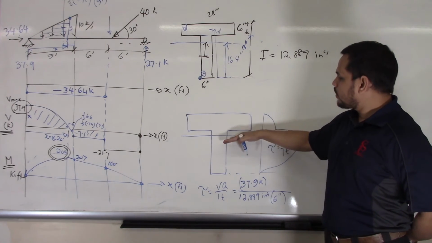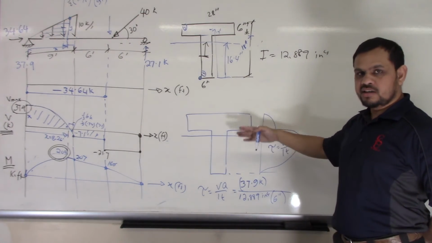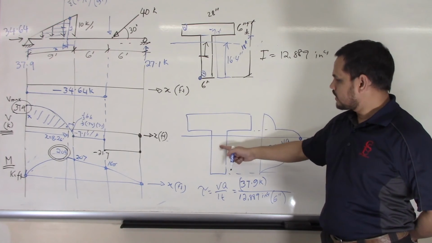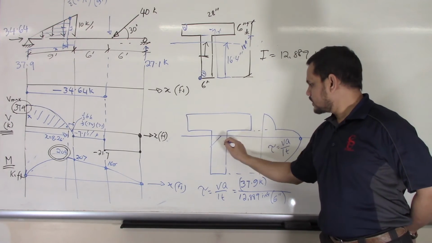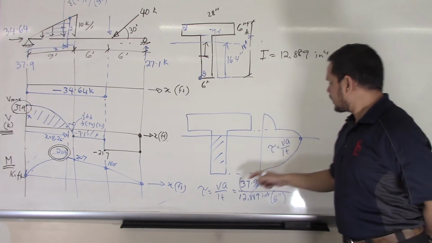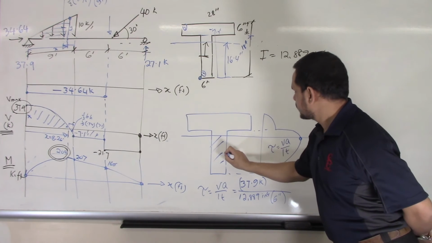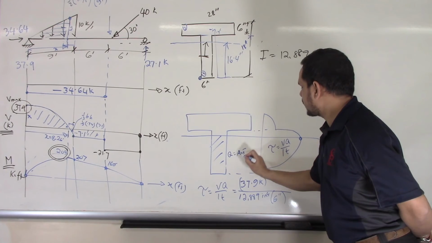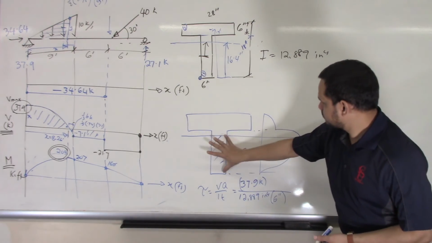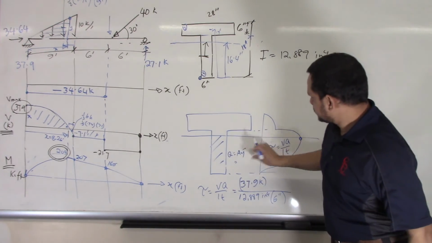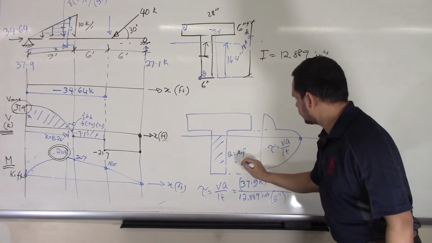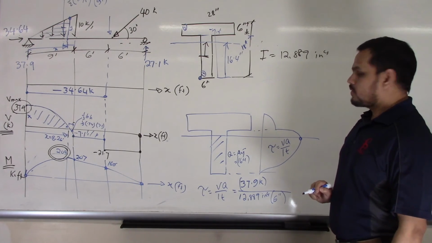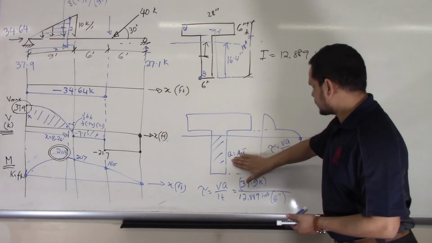What is my Q? Area below or above the neutral axis times its own centroid above this axis. So this area is an easier rectangle. Q is A Y bar. What is my area? This portion, 16.4. I'll move it somewhere, it's so congested.